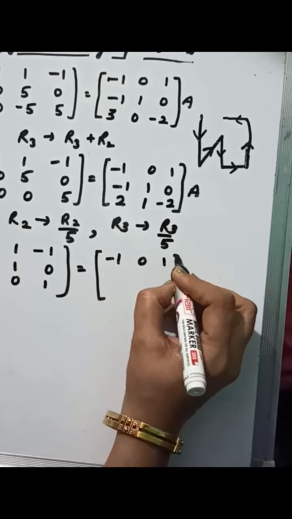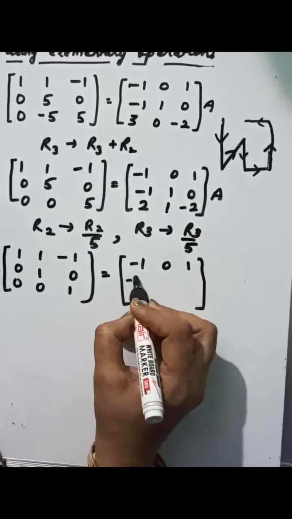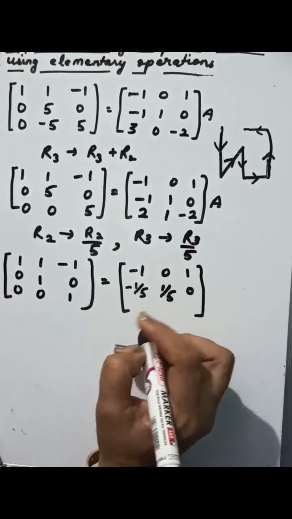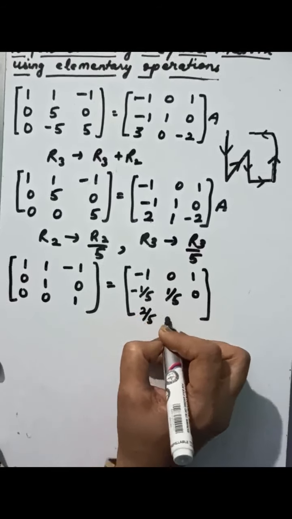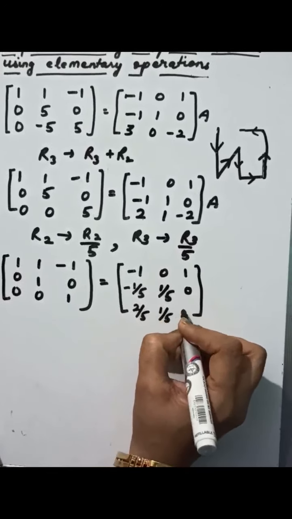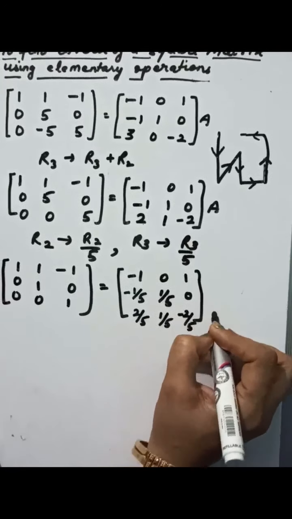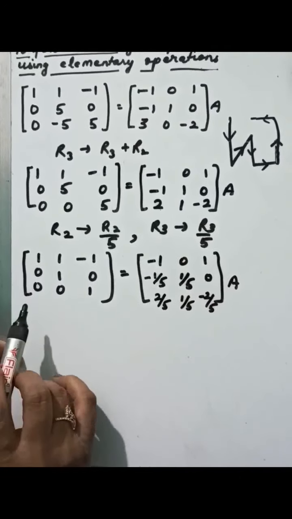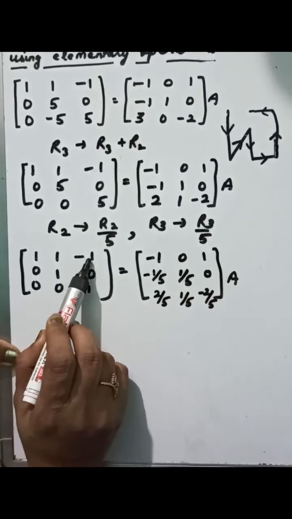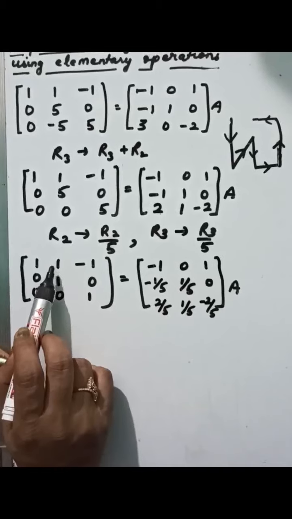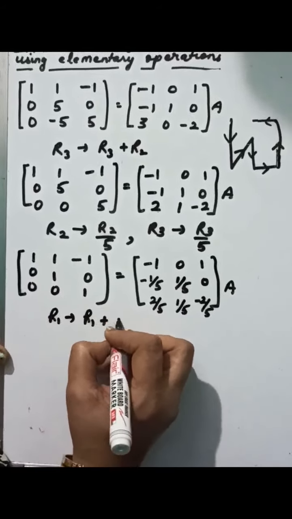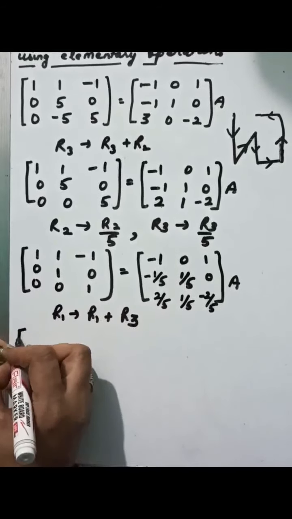First row as it is. So it is minus 1 by 5, 1 by 5, 0, 2 by 5, 1 by 5, minus 2 by 5, A as it is. Now our last step is we have to make this element 0 and this element 0. So first we apply in R1, R1 plus R3.